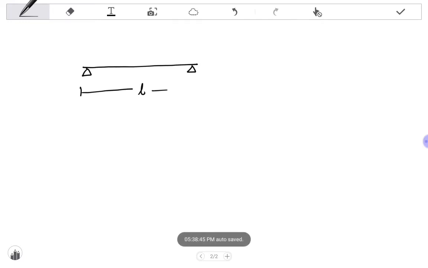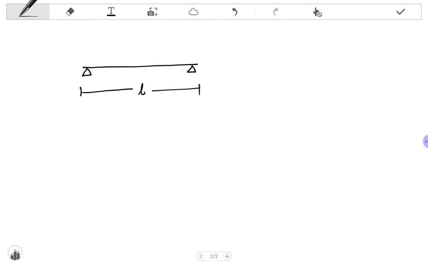Now we will discuss more about the beams and the load acting on them. Suppose this is a beam with supports on both ends. Let's assume the length of the beam is L, L meters or L feet, whatever.